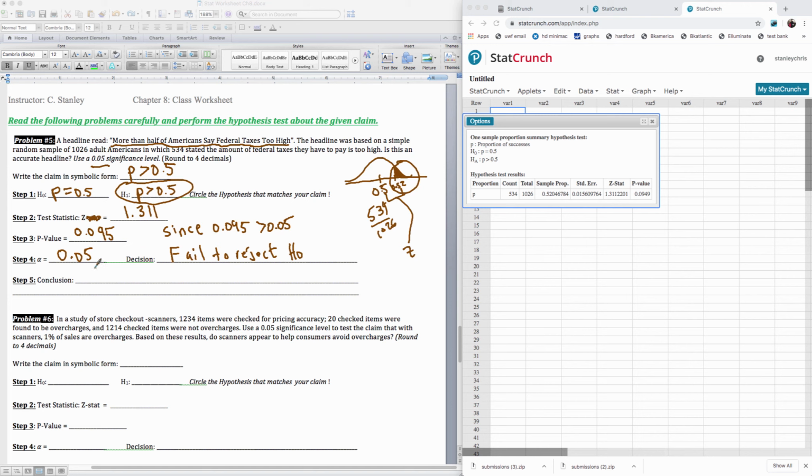So we do not have evidence that more than half of Americans say taxes are too high.